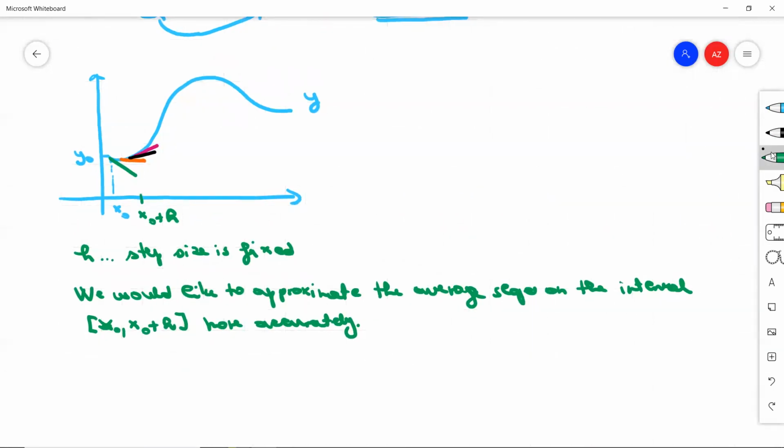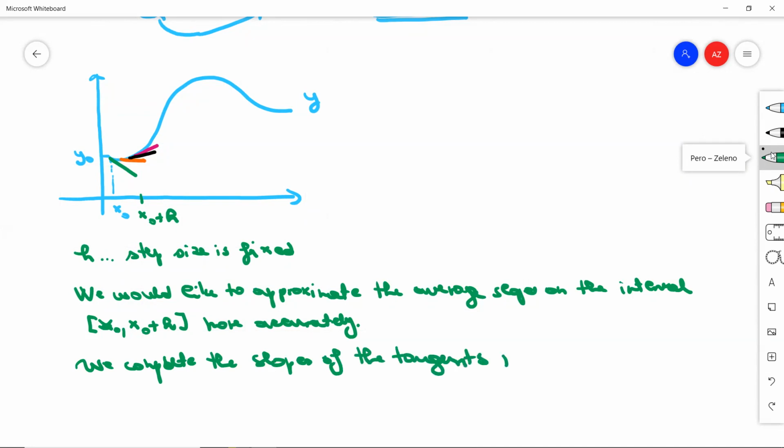So we compute the slopes of the tangents on the interval x0 to x0 plus h in more points, and take their weighted average.